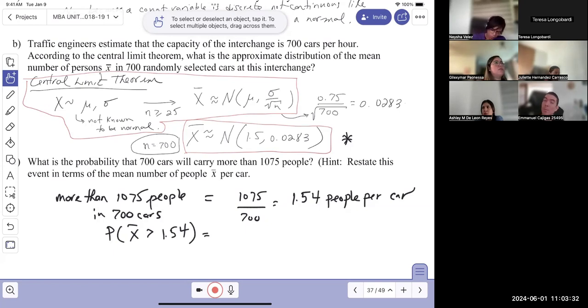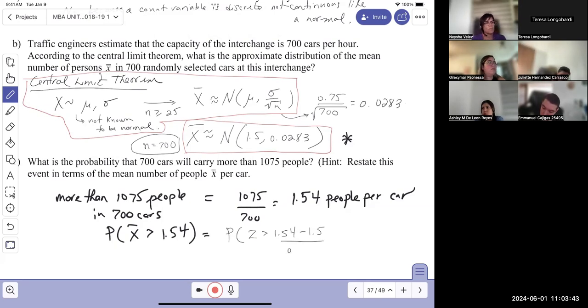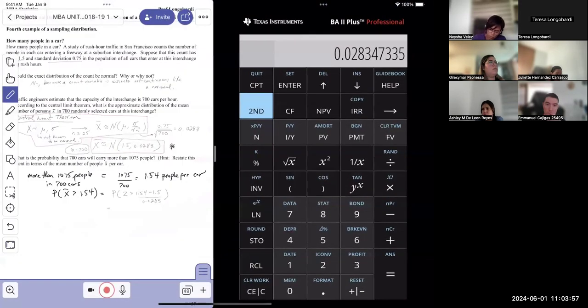So I want to standardize. Be careful when you do the math. I'll show you again. So I'm going to take 1.54 minus 1.5 equals, and then divide by 0.0283 to get 1.41.